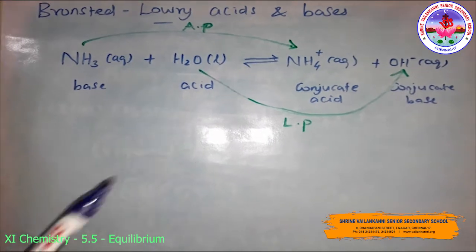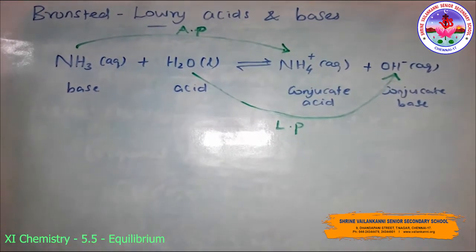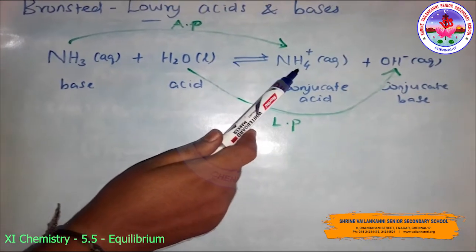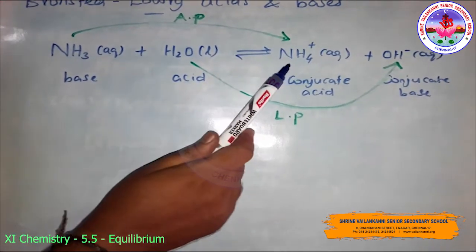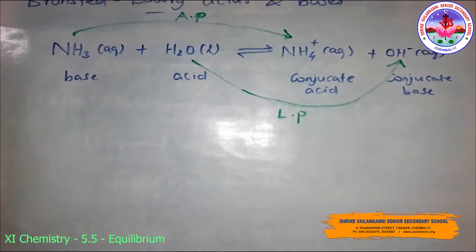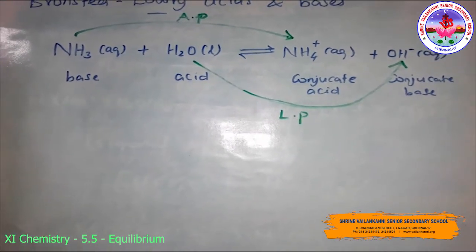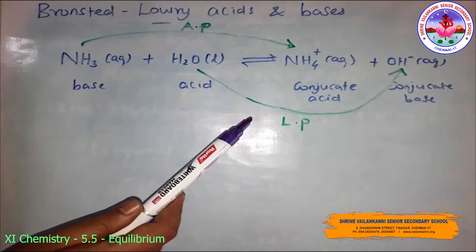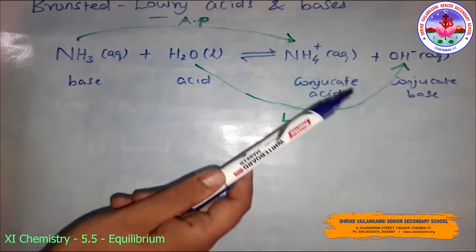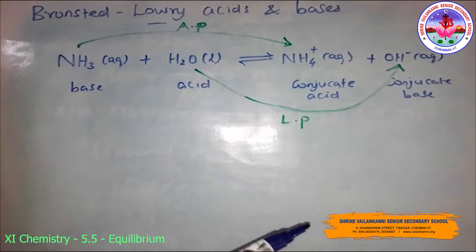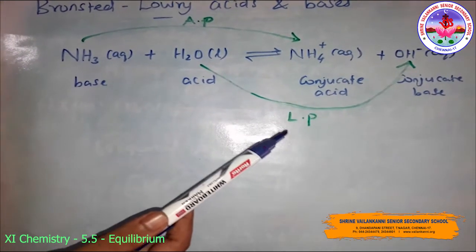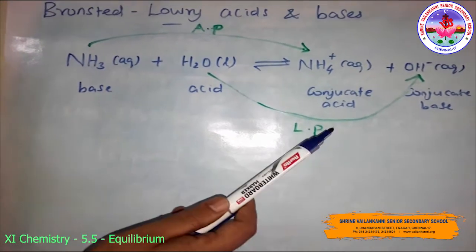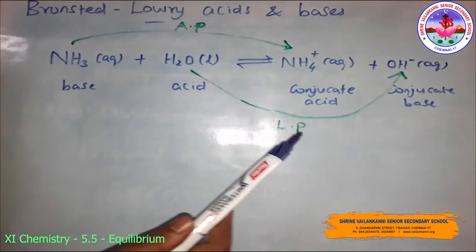In the reverse reaction, H plus is transferred from the ammonium ion to the hydroxide ion. So in this case, the ammonium ion acts as a Bronsted acid, while the OH minus acts as a Bronsted base. The acid-base pair that differs only by one proton is called a conjugate acid-base pair.